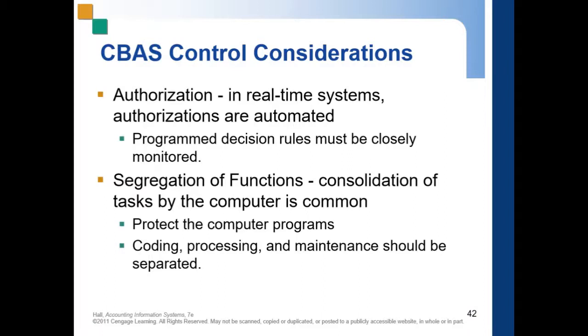There should be no errors when you record. It should be properly linked so that once you update your inventory, it reflects in your general ledger. The person who codes your program, the person who processes it, and the person who maintains it are the ones that need to be separated.